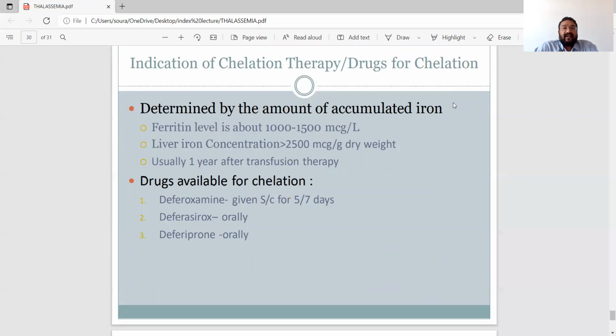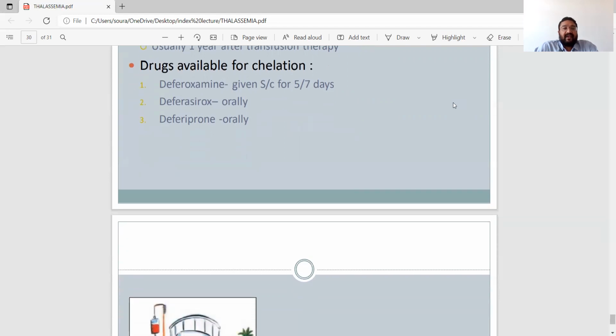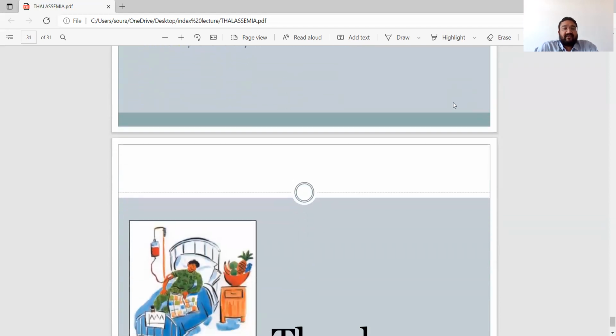Indications of chelation therapy and the drugs used are: when the ferritin level is about 1000 to 15,000 microgram per liter, liver iron concentration is more than 2500 microgram per gram of dry weight of the liver, and it is usually indicated after 1 year of transfusion therapy. Drugs available for chelation are deferoxamine, which is given subcutaneously for 5 days in a week, deferasirox, which is given orally, and deferiprone, which is again given orally.